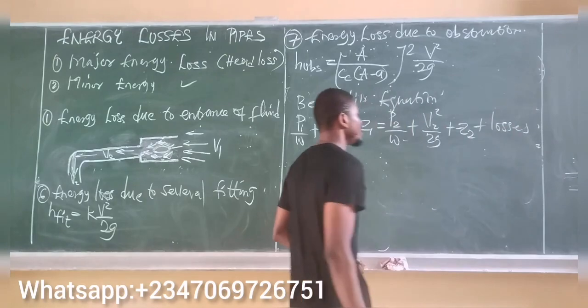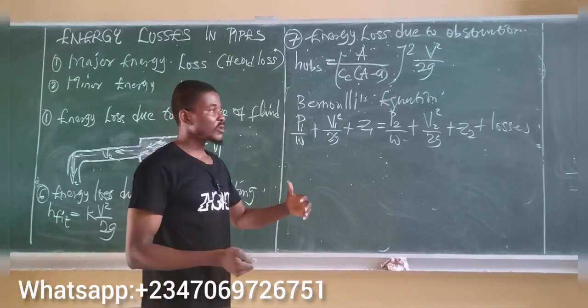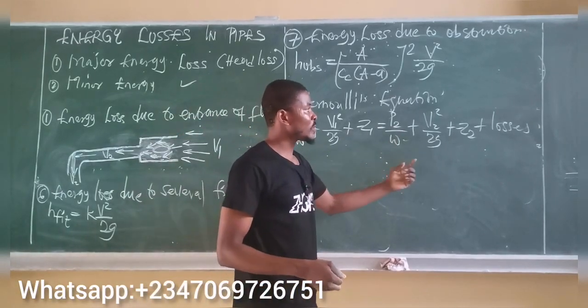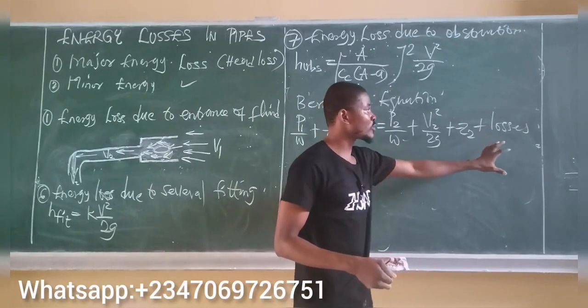So if you have losses in the fluid flow in a pipe, then employing the Bernoulli's equation, you have to add all these losses on the other side of the equation.